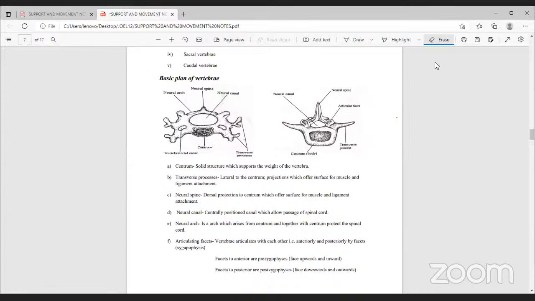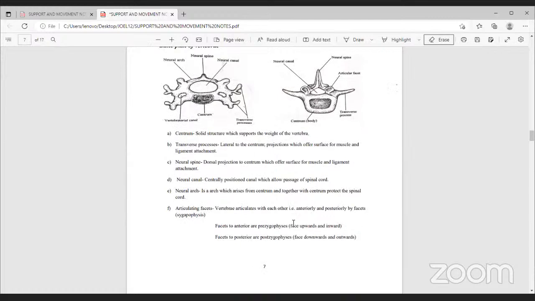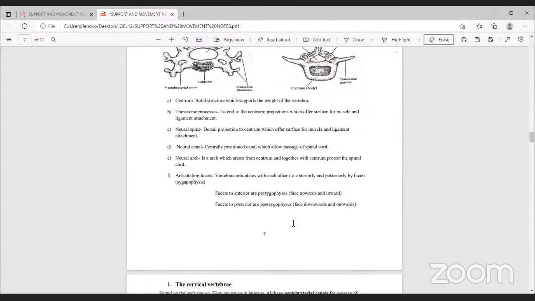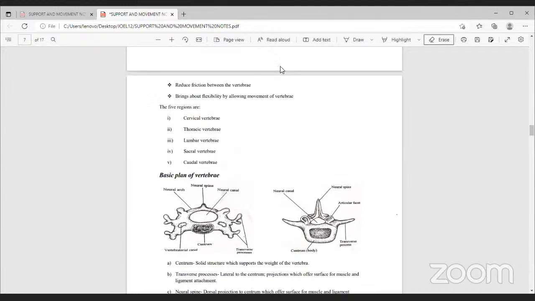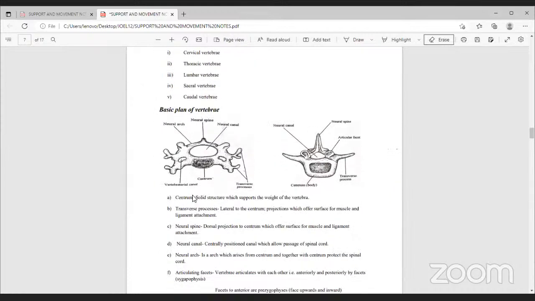When you're talking about the canal here, you are going to see it over and over again. That one allows the passage of the spinal cord. So we are back to this one here. These features here are the basic plan of the vertebra. All those features, we are going to be seeing them in the 5 vertebrae.